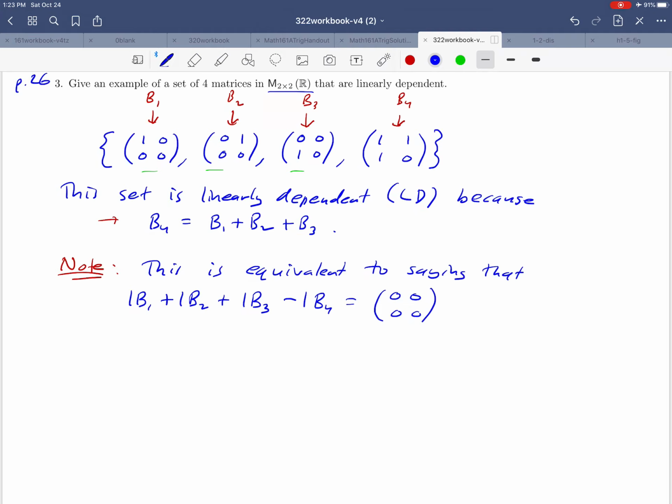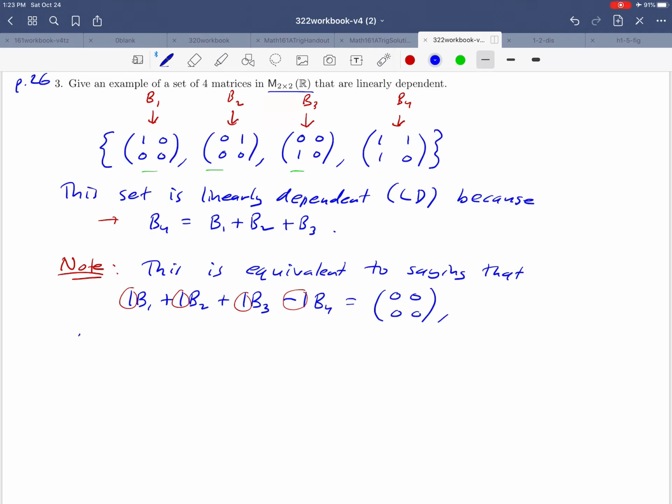Okay, and if you think about it, that would be illustrating using the definition that these four matrices are linearly dependent, okay? Because the numbers I'm circling constitute a non-trivial solution to this equation that we have here.